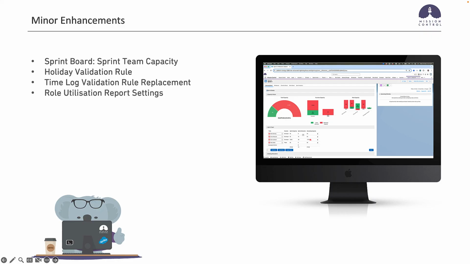Now what you might want to do is refine that further and say, well, I don't want to take all of the 80 hours, I only want to take 50% of it, or I might only want to take 60 of those hours. So we've added fields into the sprint team section of the sprint board where you can set the hours that are going to be available for that role for that particular sprint.